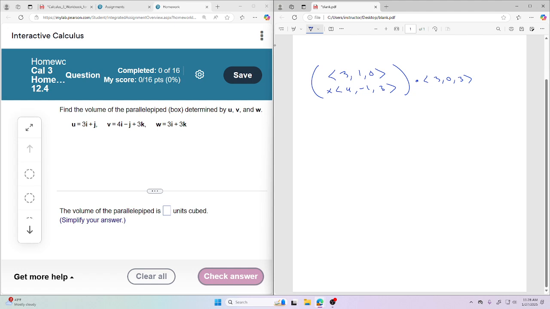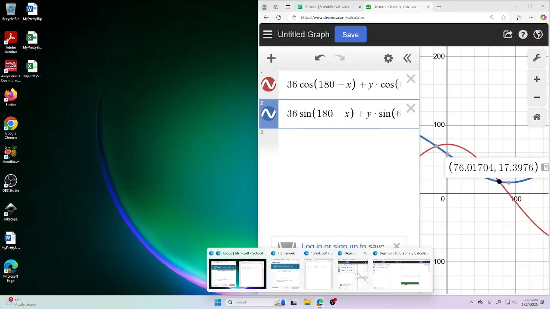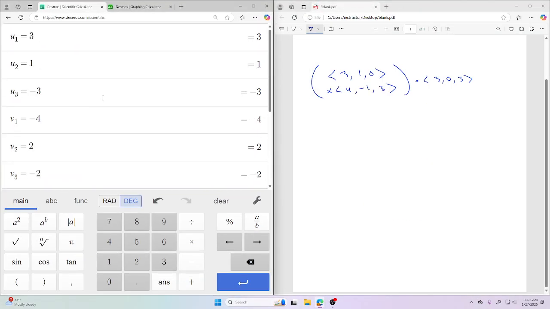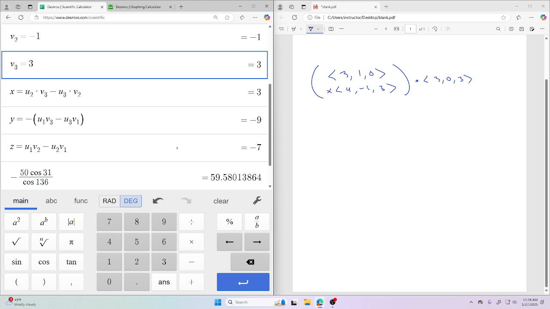Let's find this guy first. And again, I could do it by hand, but if I have that Desmos still up, it should be going pretty fast. Desmos Scientific. Yeah, look at that right there. 3, 1, 0, 4, -1, 3. Then my answer would be 3, -9, -7.